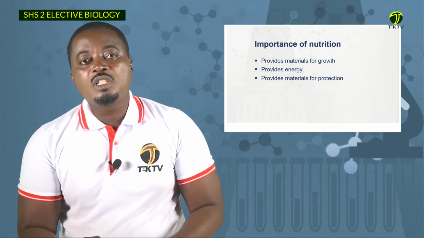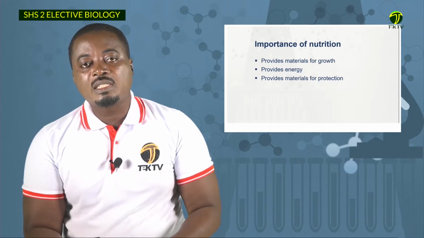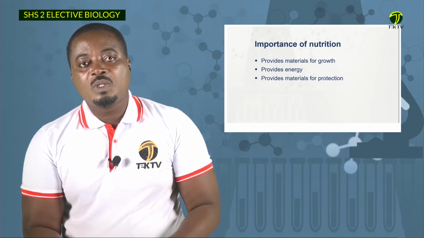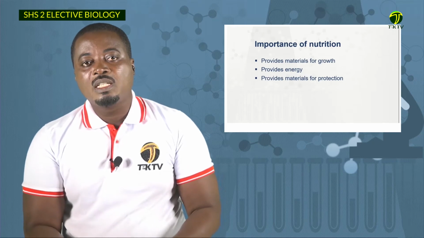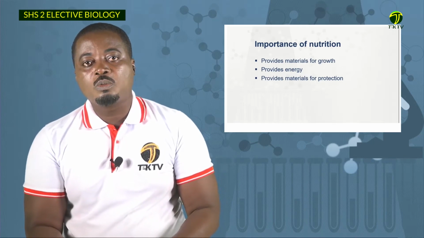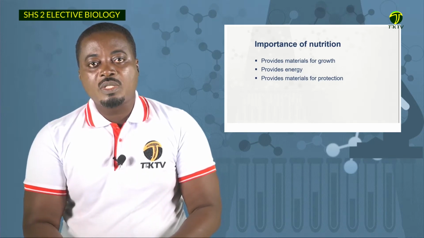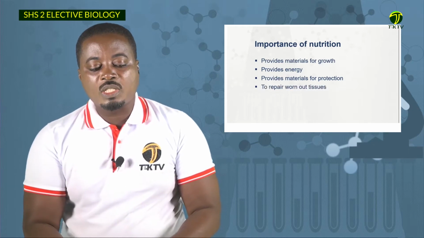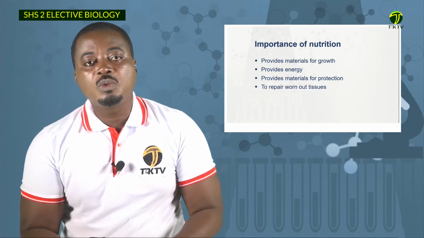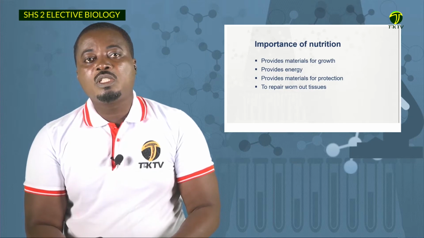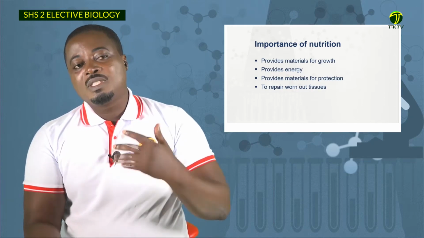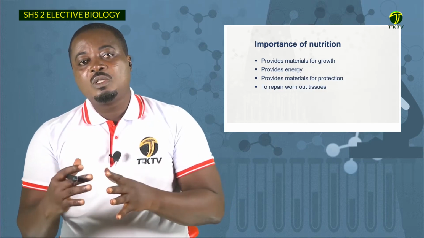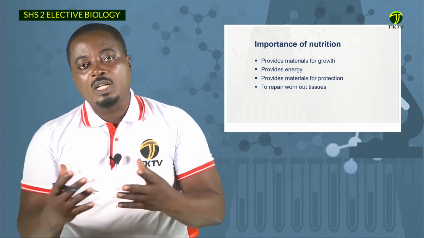Then nutrition also provides materials for protection, because you notice that nutrition provides things that enable you to build your immune systems. There are several vitamins that help you to protect yourselves. So we say nutrition provides materials for protection. They repair worn out tissues. Now, when you build your tissues for growth, at times some of the tissues become damaged, or we say worn out.